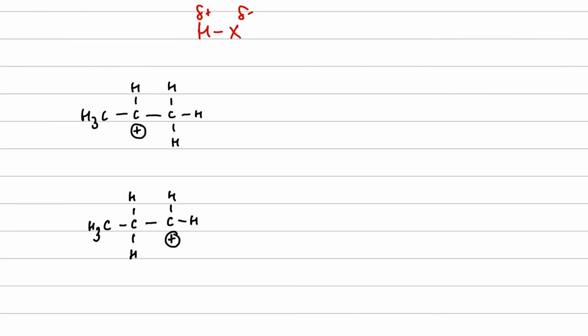Now, rules that are learnt with no prior understanding always get forgotten in the heat of the moment in the exam. So let's see if we can understand why Markownikoff's rule is the way that it is. The reason is that this carbocation is more stable, so it's more likely to form. It's a bit of a chicken and egg scenario that happens quite a lot in chemistry. Why is it more stable?